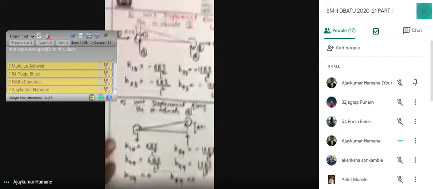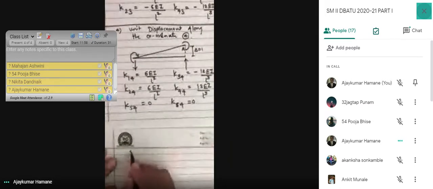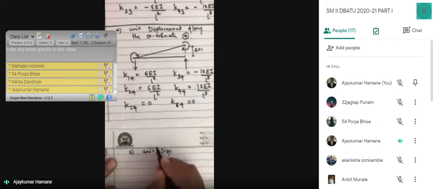Okay, and now the last ones. The fifth one, the unit displacement, that is called axial displacement, along the coordinate 5.